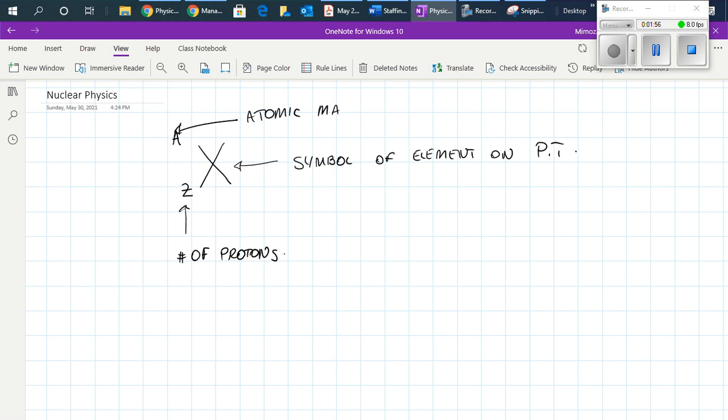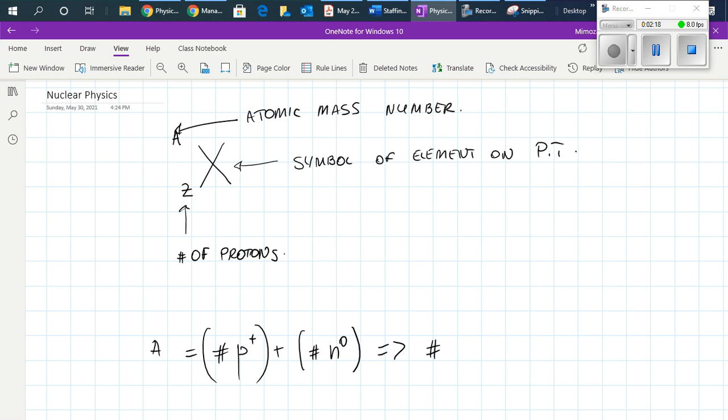So the atomic mass number is the number of protons plus the number of neutrons. And in a more general name, those are known as the number of nucleons, because they are in the nucleus.